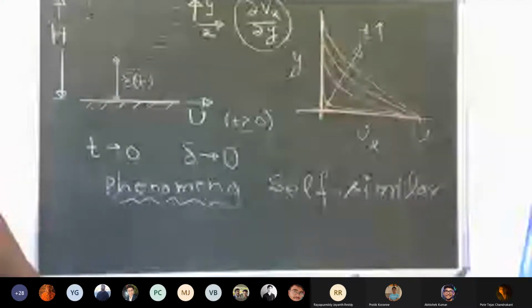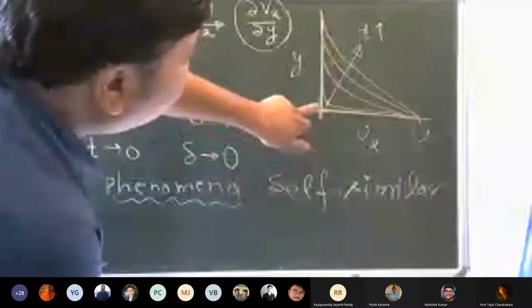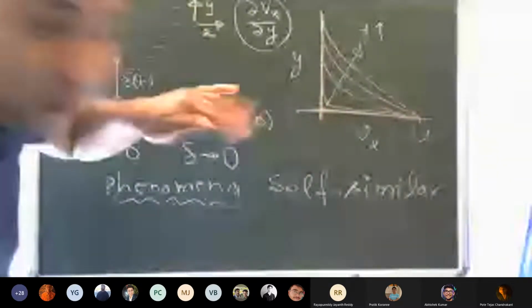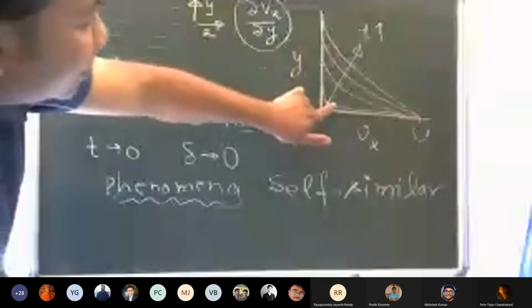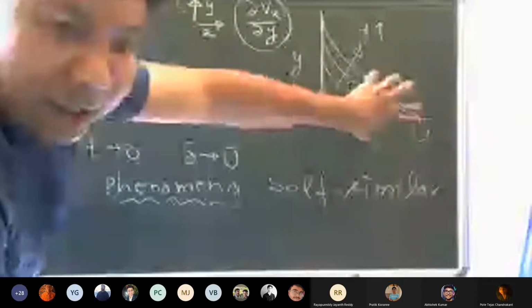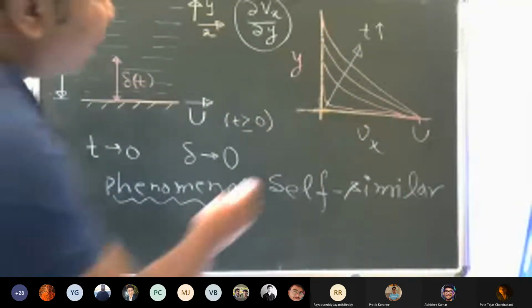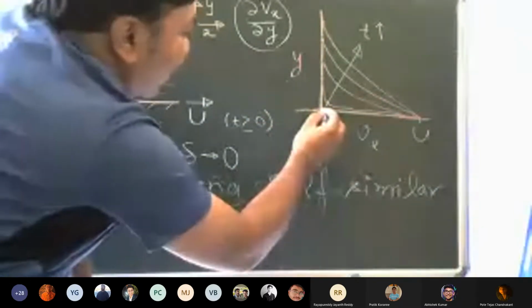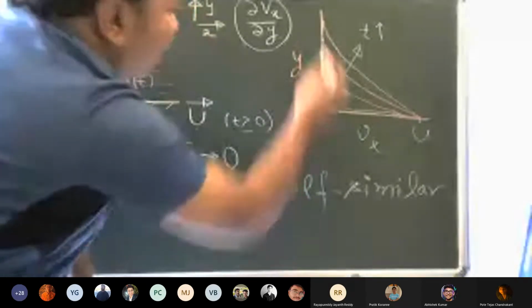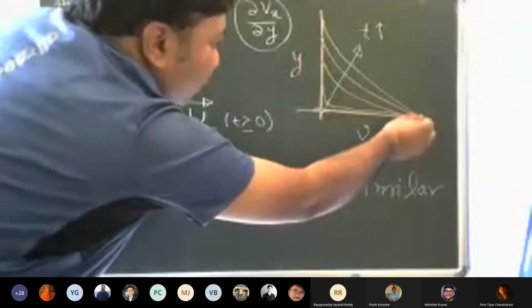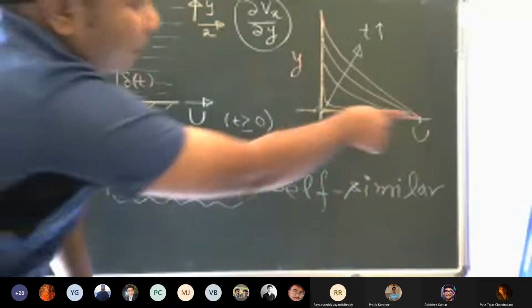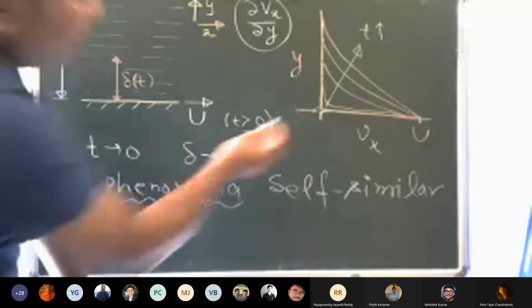At earlier times, only this lower layer will move, so only the lower y will have a significant value of velocity. And y equal to 0 will always remain at velocity u.